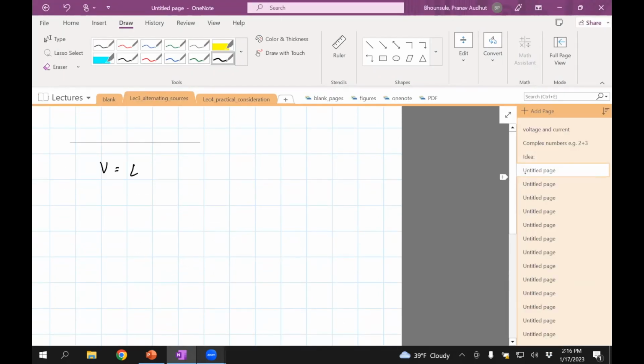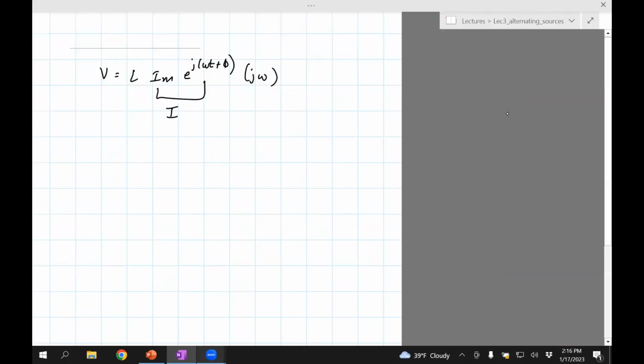So we have V equals L di/dt, which I wrote down as Im exponential j(omega t plus phi) times j omega. I think I'm missing something. No, that's right, j omega. Okay, but this thing is the same as I, because remember we started off assuming I is Im e raised to j(omega t plus phi).